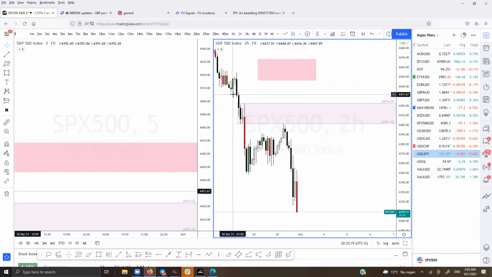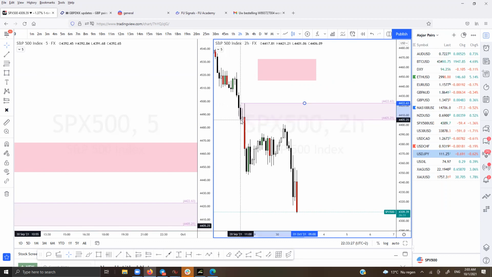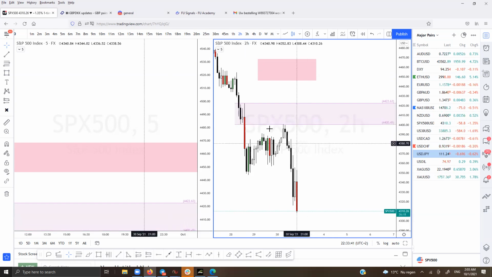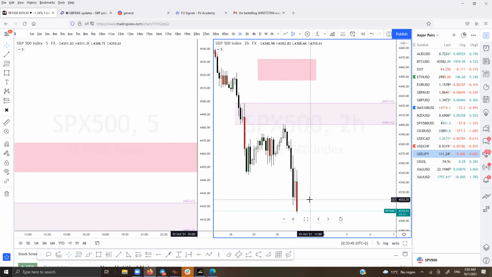There's a rule that when you are drawing a proximal line, your mother candle is this one, which is bigger than the one you are thinking, maybe this one. If you draw it this way, then your drawing is actually wrong, the way you draw supply demand, because it's drop, base, and drop. If you want to mark this one, you have to include the mother candle, which is this one, and that's how it plays.